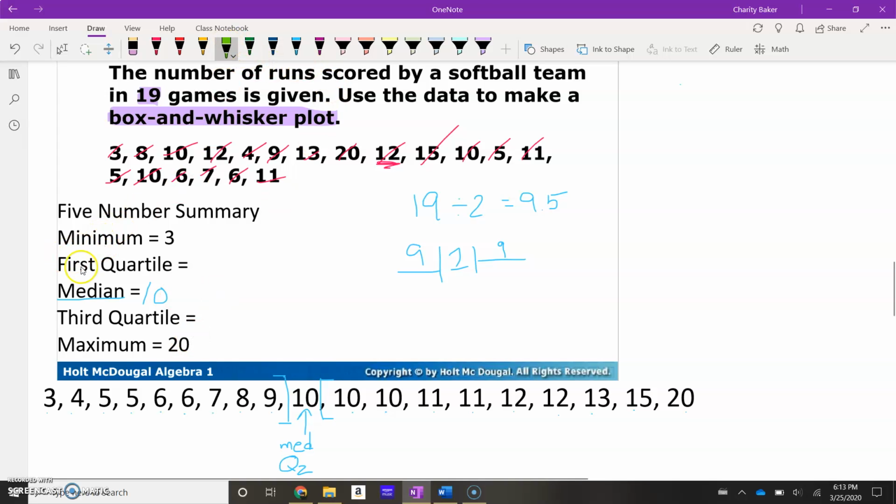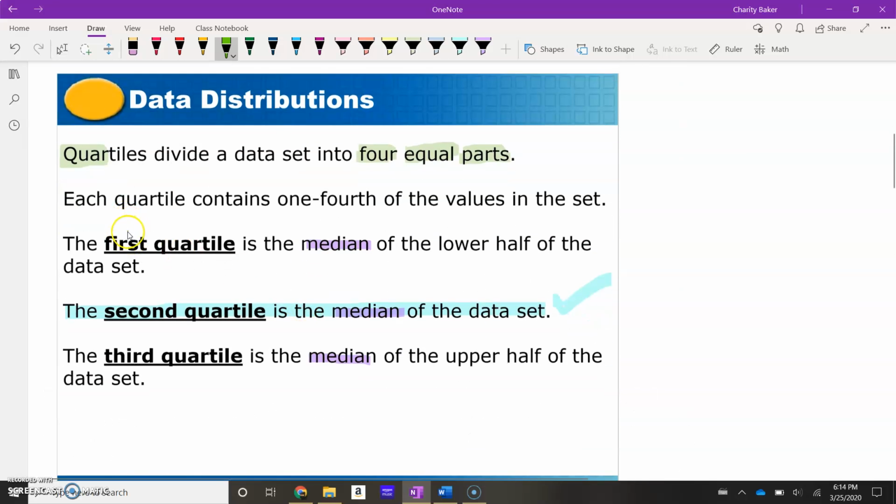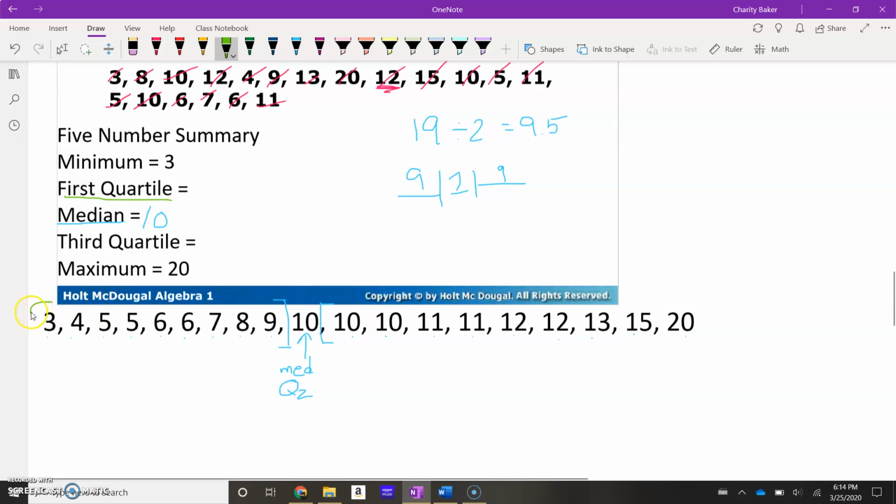All right, now let's do the first quartile. So go back up to the definition. The first quartile is the median, so middle, of the lower half of the data set. So what we do is we take this lower half, the left half, the smaller numbers, and we want to divide that in half. Okay?